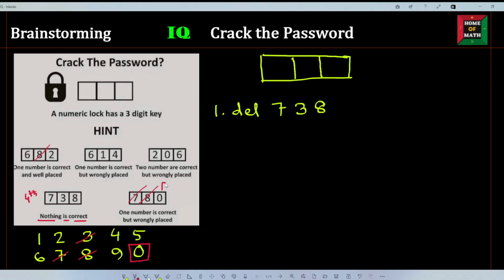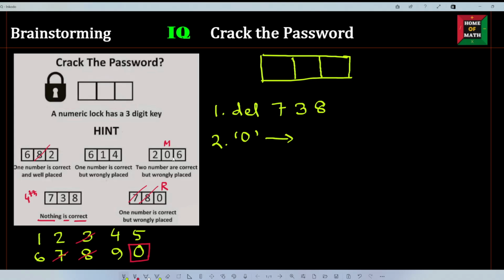So this right place is wrong, and same thing in the third box, 0 is in the middle place, but here it said 2 numbers are correct but wrongly placed. So we can write like this. We consider now 0. Here fifth box, right number but wrong place.